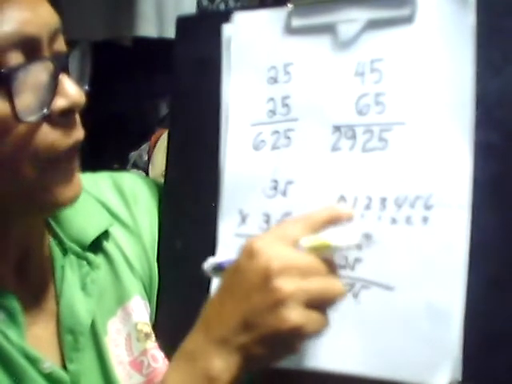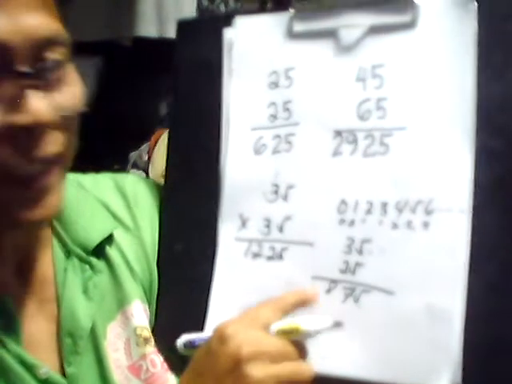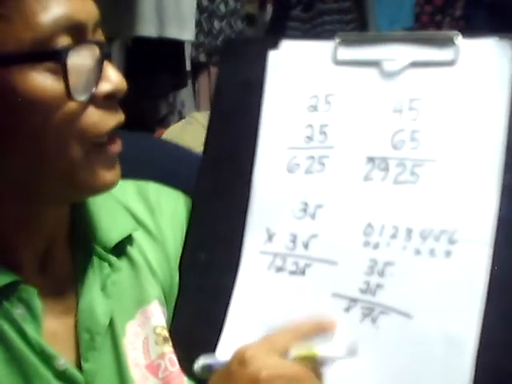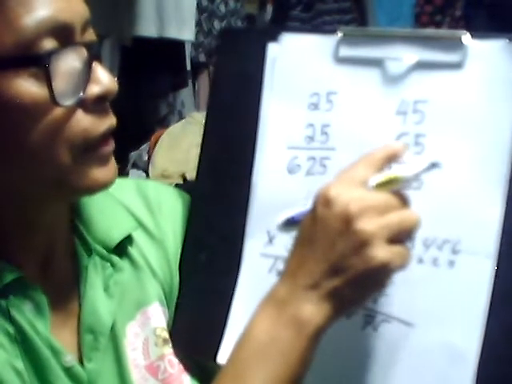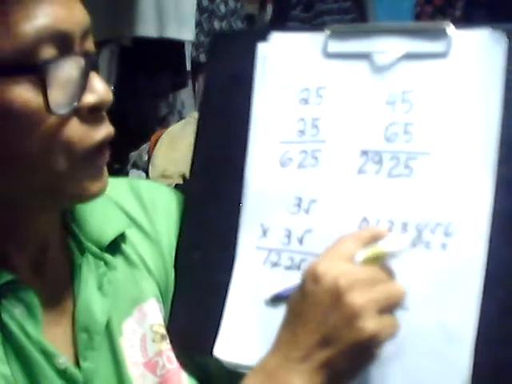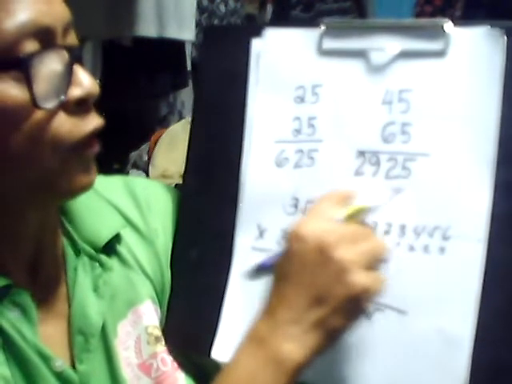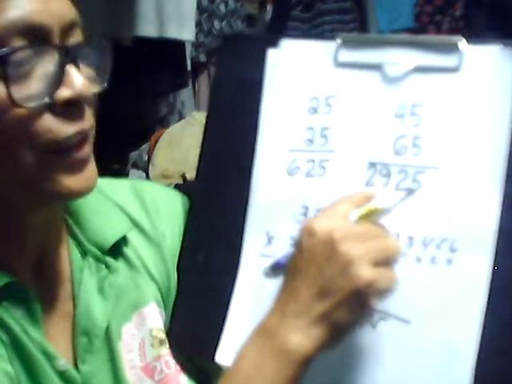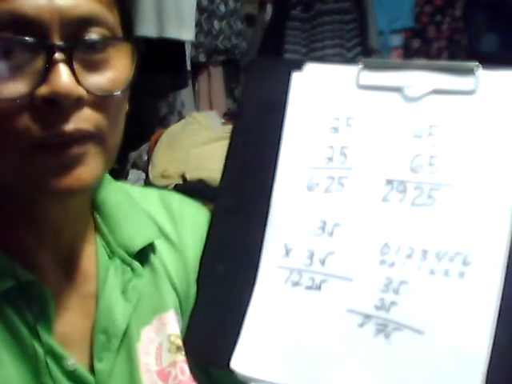So the difference is 1. So I did not add 1 here. Do you get that? Okay. While here, when we subtract 4 from 6, the difference is 2. So I add 1. So for 28 here, I add 1. So that becomes 2,925. So, again, am I clear? Did you get the point?